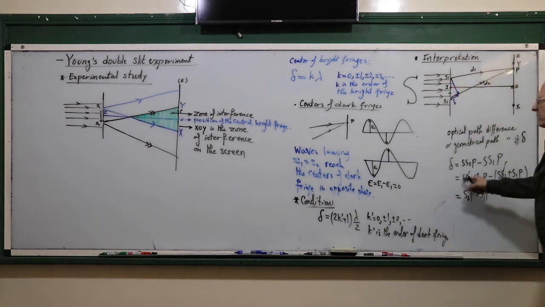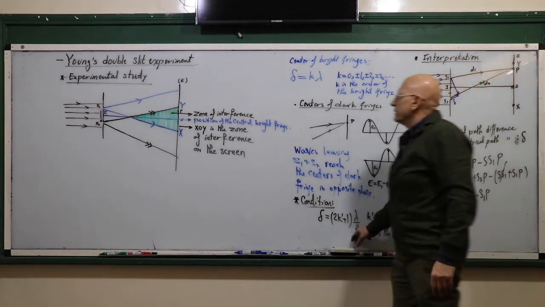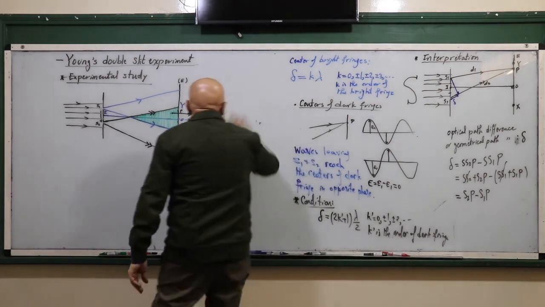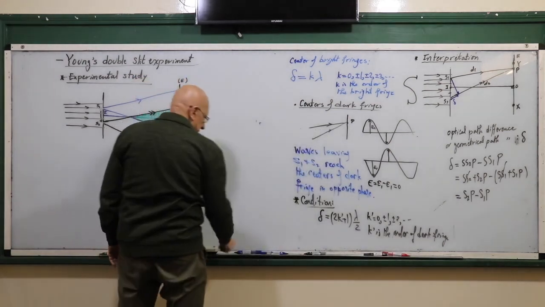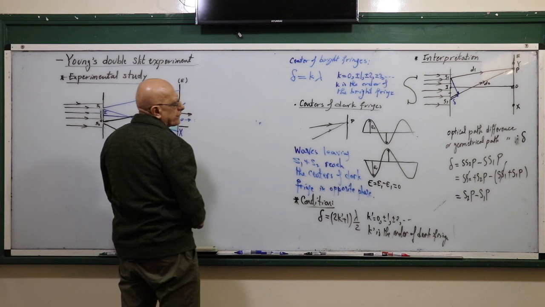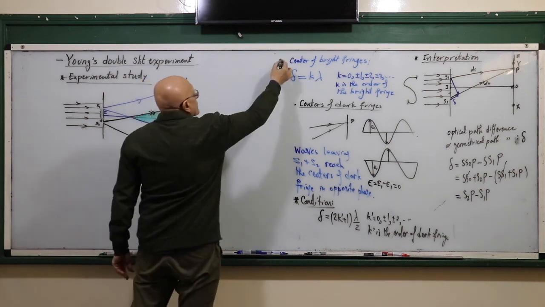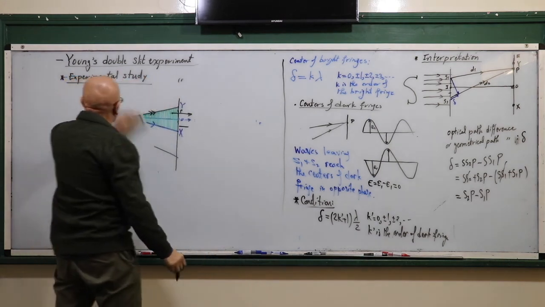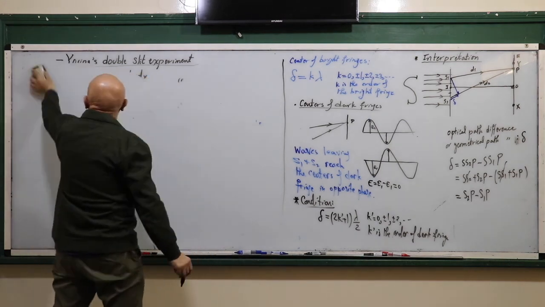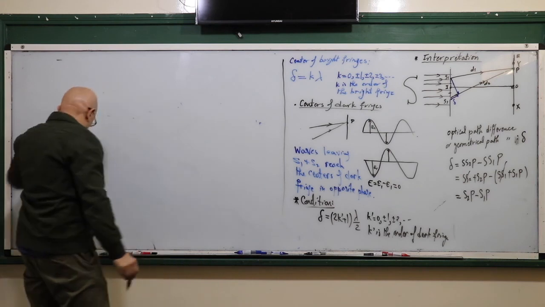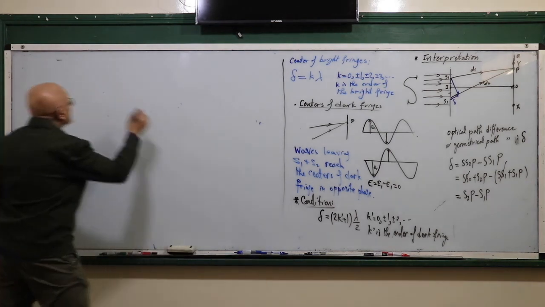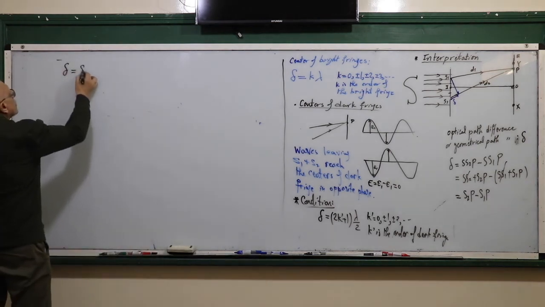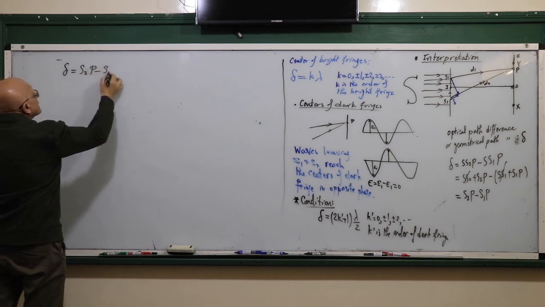Last note about the optical path difference. We said here delta equal S2P minus S1P.